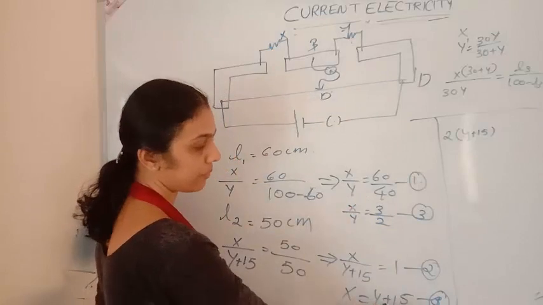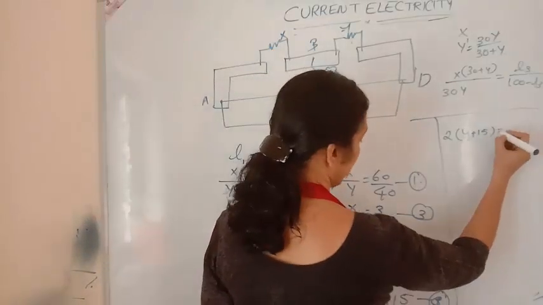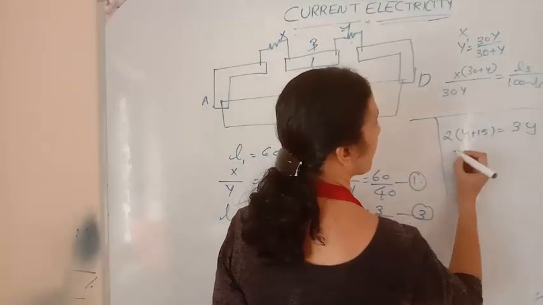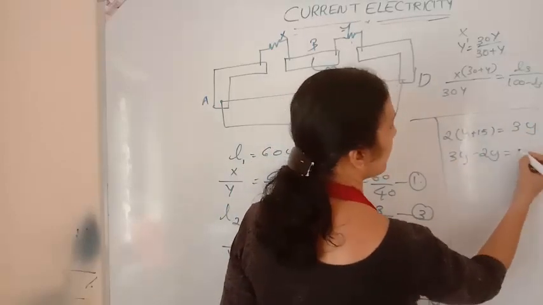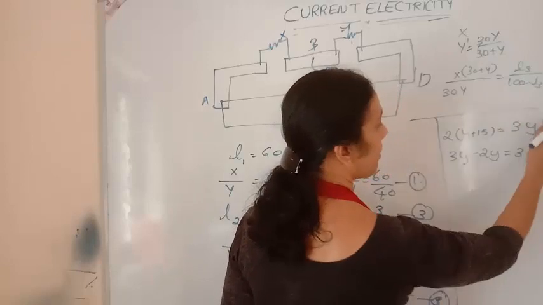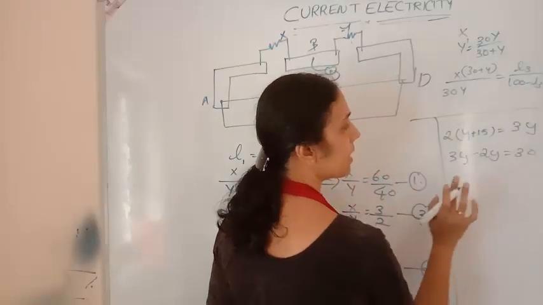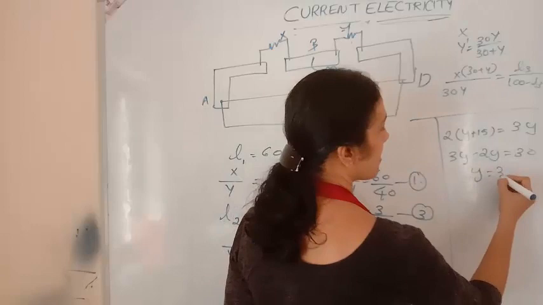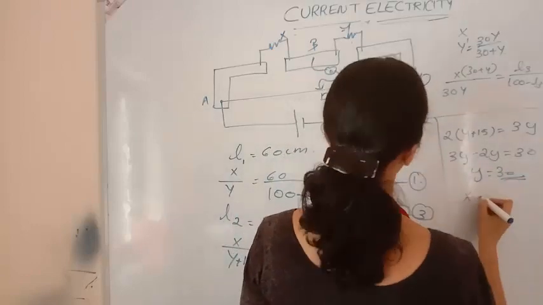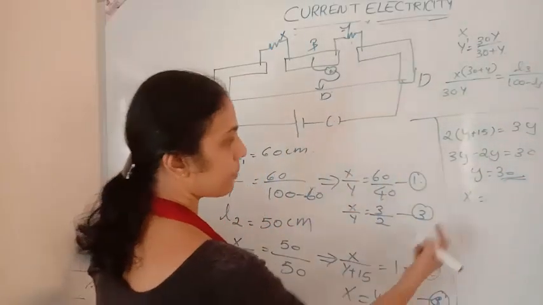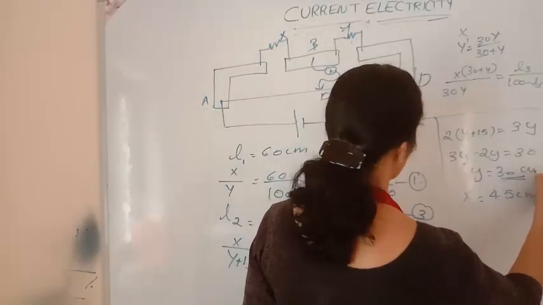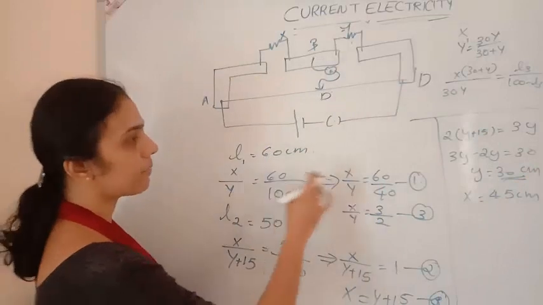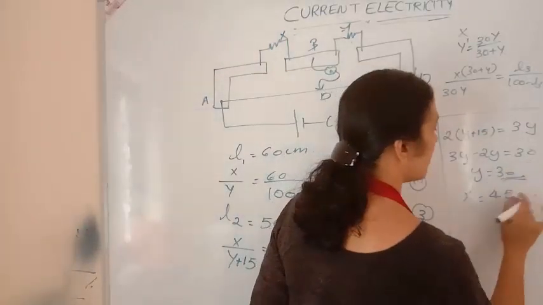Instead of X, I am giving Y plus 15, that is equal to 3Y. Now 3Y minus 2Y equals 30. So I am taking the 2Y to this side and this becomes 30. So Y equals 30 we got. Then what is X? X will be equal to Y plus 15, right? So 45. Okay, so we got X and Y as ohm resistors.